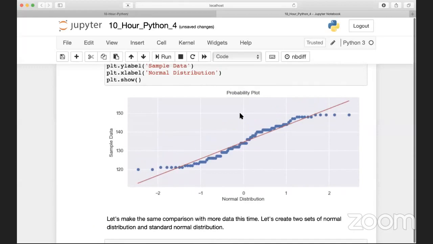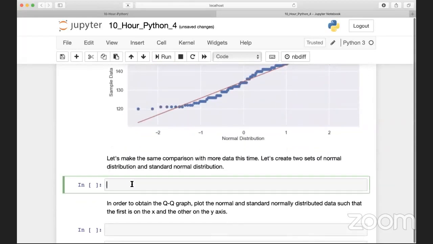So let me do the same example using the standard normal distribution on the y-axis. Why I'm doing this is to show you what normally distributed data looks like in a QQ plot. Standard normal distribution, I will generate this. How can I do that? You know it.